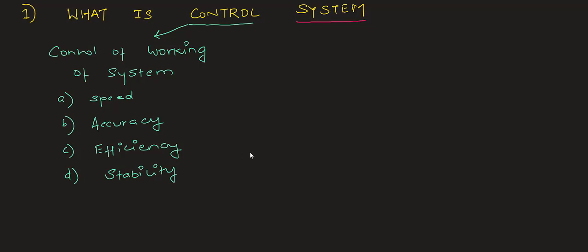A system exists, and the system's working has to be monitored and controlled from time to time, which brings us to this domain known as control system. In your control, you have speed, accuracy, efficiency, and stability. I would say these four parameters are very vital and essential to control the system's functioning.